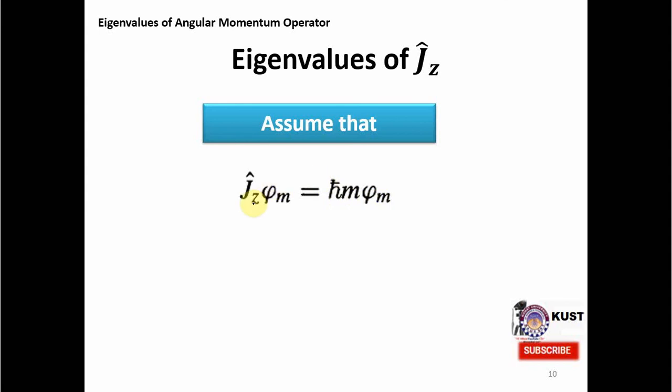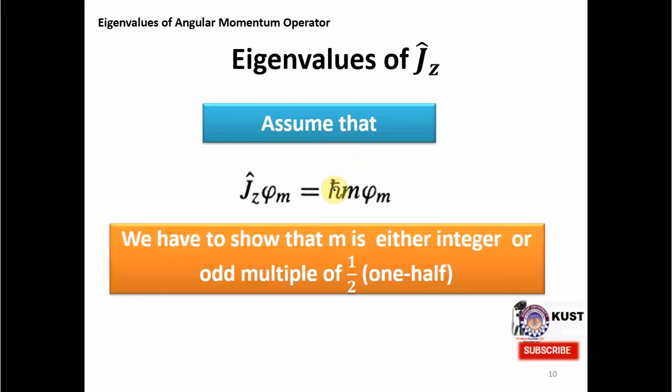So now we have just assumed that when jz acts on the phi m, it gives us the eigenfunction coming back multiplied with the eigenvalue h bar m. So we have to now show that m is either an integer or an odd multiple of 1/2. So why do we want to show this?